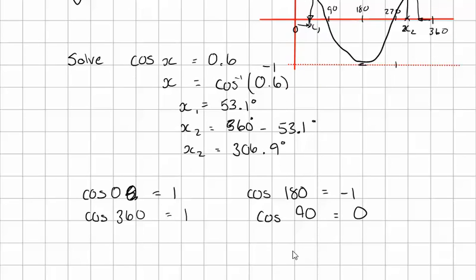True. And finally, cos of 270 equals 0. Okay. So some of them are obvious just from drawing a graph. You have to remember those. They're easy to remember.